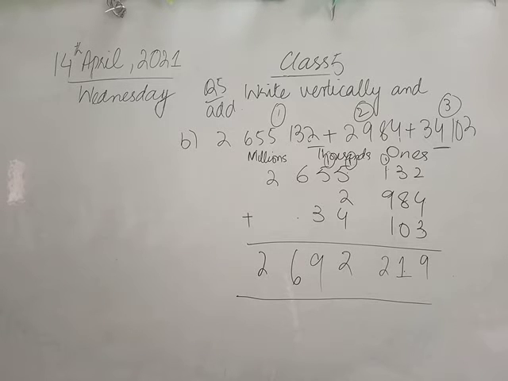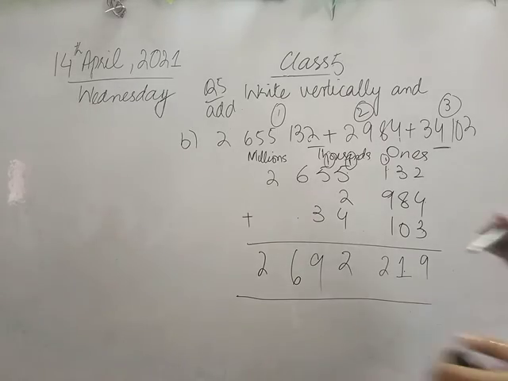Now I am going to read this number in total, which is 2 belongs to million, 692 belongs to thousand, and 219 belongs to ones. So 2,692,000 and 219. Okay, 2,692,000 and 219.